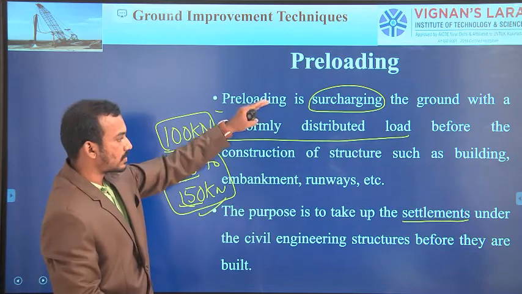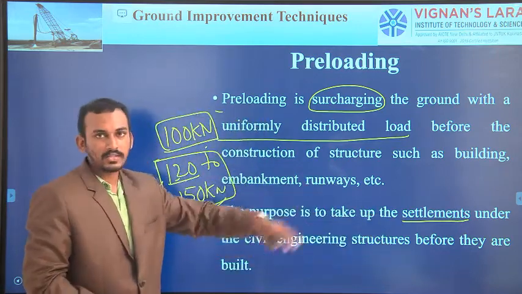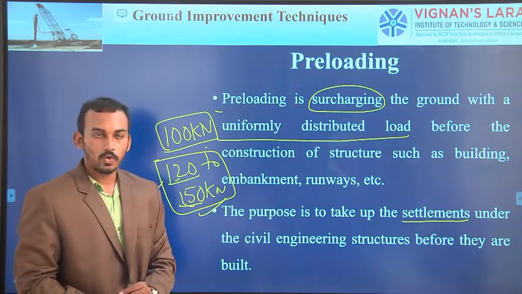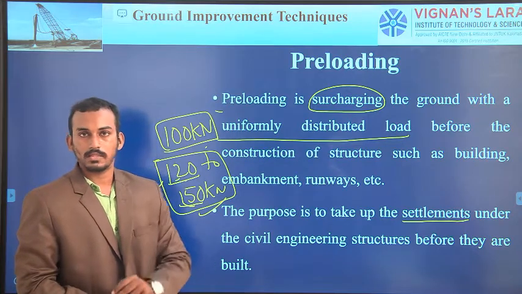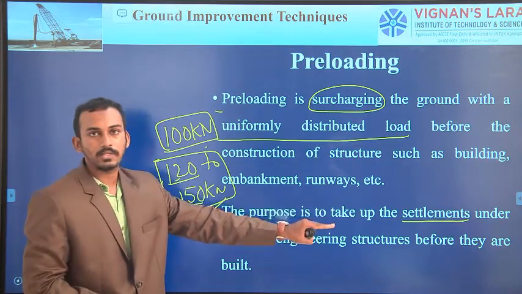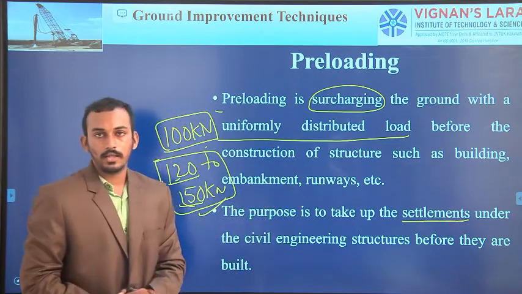Because of this loading, all the settlements have already occurred. So after we construct the original building, there are no settlements. That's the concept. In order to prevent the settlements when the original load is constructed, we are applying preloading on the soil.